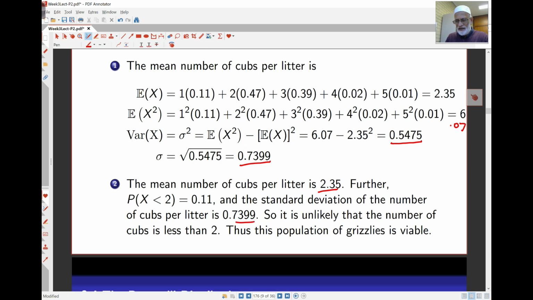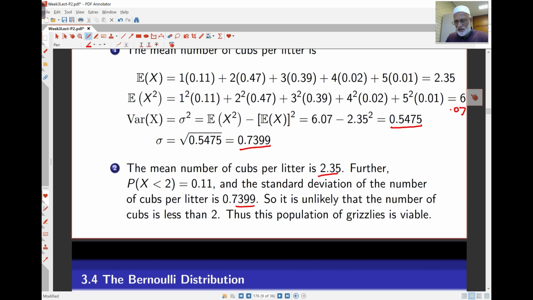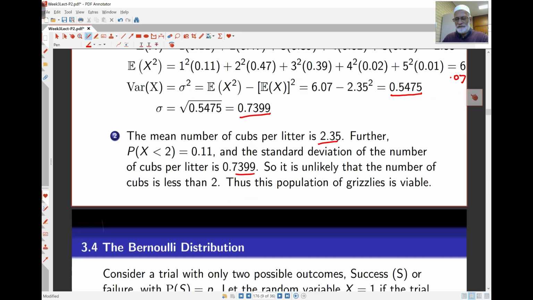So it's not very likely that the number of cubs is less than 2 here, because the deviation is fairly large compared to 2.35 in some sense, but looking at probability as well and basing on these two numbers, it's rather unlikely the number of cubs is less than 2, so this population seems to be viable.